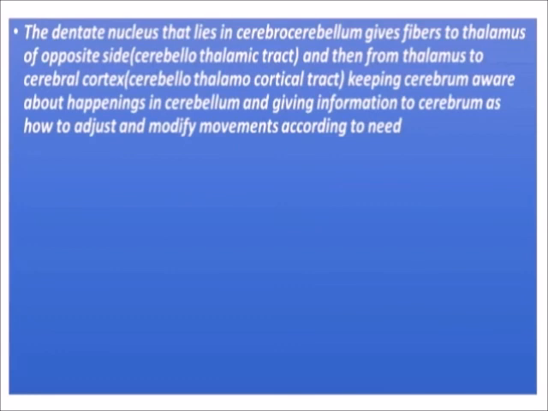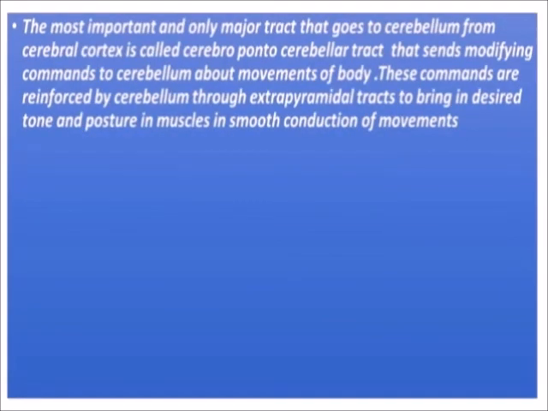The dentate nucleus that lies in the cerebrocerebellum gives fibers to the thalamus of the opposite side, which is called the cerebellothalamic tract, and then from the thalamus to the cerebral cortex, which is called the cerebellothalamo-cortical tract. This tract keeps the cerebrum aware about happenings in the cerebellum and gives information to the cerebrum as to how to adjust and modify movements according to the need.